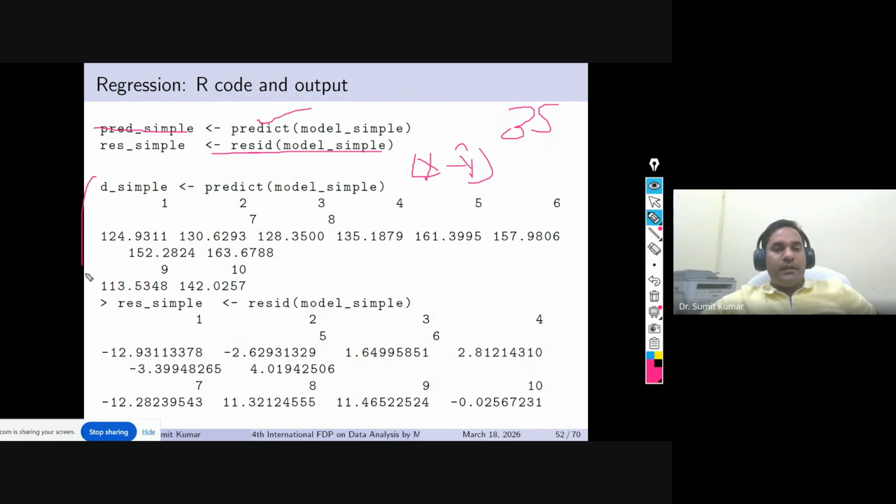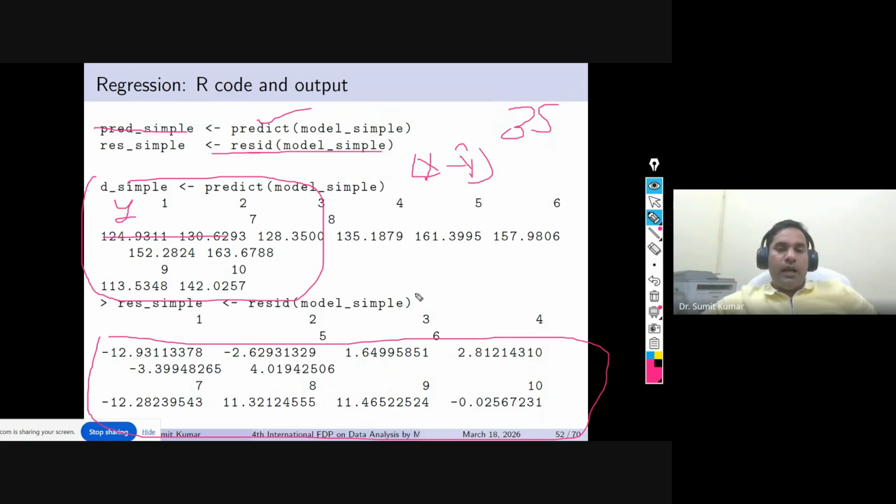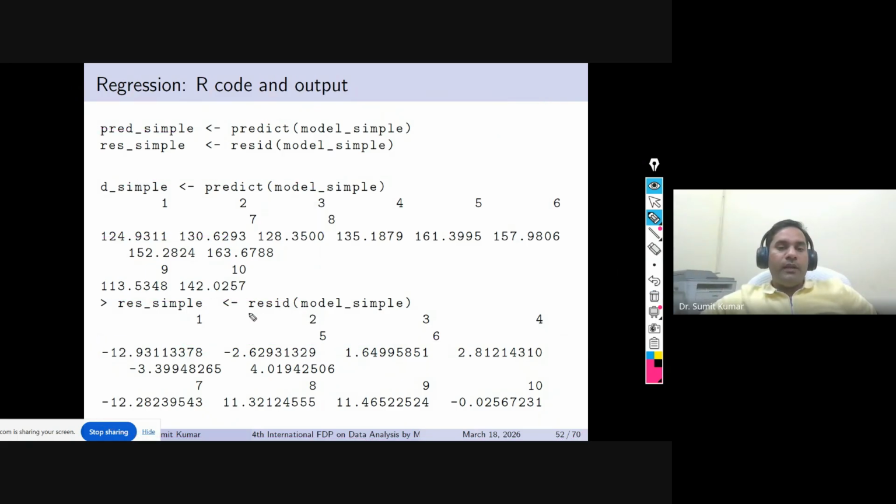So these are the estimated values. When you take the deviation of the y column of the table from these values, you will get these residual values. And these residual values you can already get by using the residual command. And this is the linear regression model that we have used here. I hope you understand.